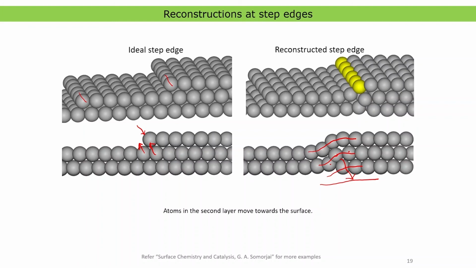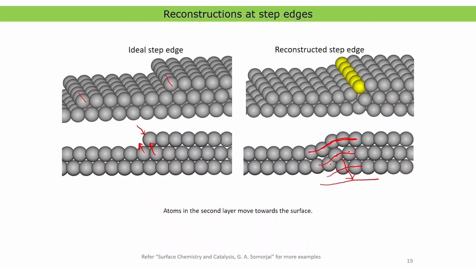So that means at the step edges there is a clear rearrangement of the atoms. Due to this rearrangement, it doesn't look anymore like the atoms at the step edges have a low coordination as you would expect.